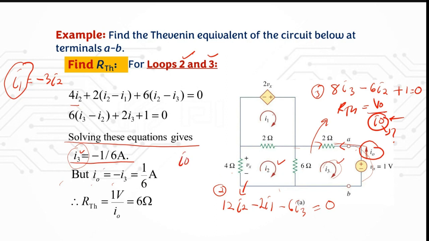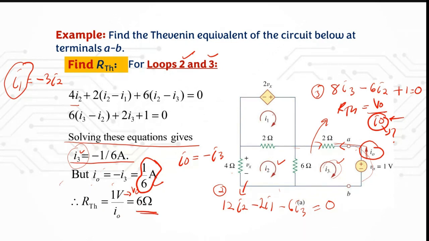That means your I naught is equal to negative I3. So your I3 is negative 1 over 6, with the negative, so you will have I naught as 1 over 6 ampere. Then your RTH: this is your V naught, which is equal to 1, and your I naught is 1 over 6. When you solve for this, you get RTH equal to 6 ohm.